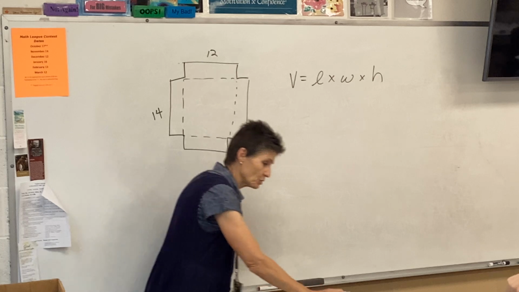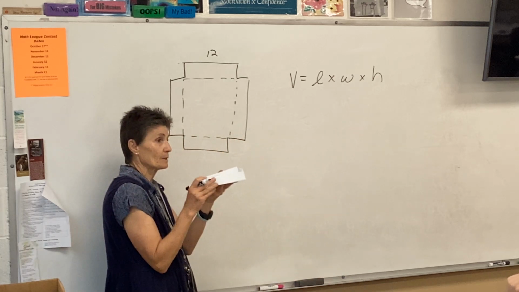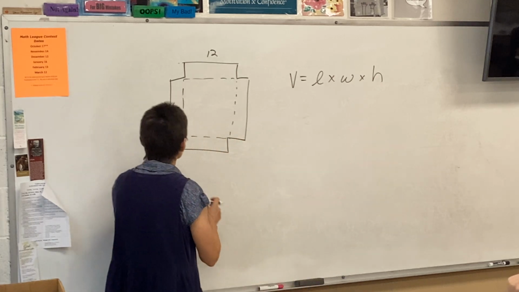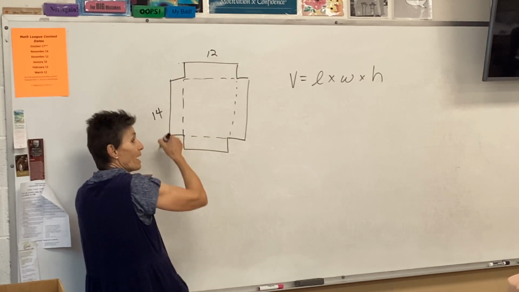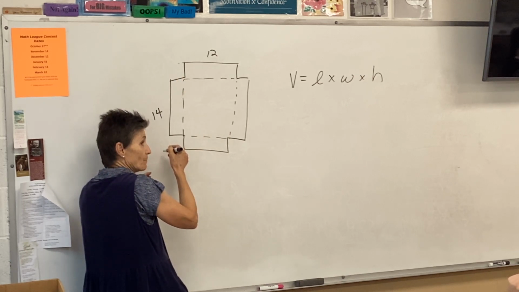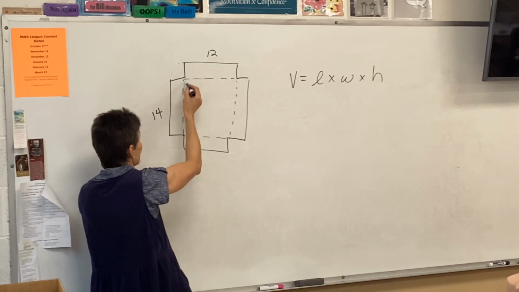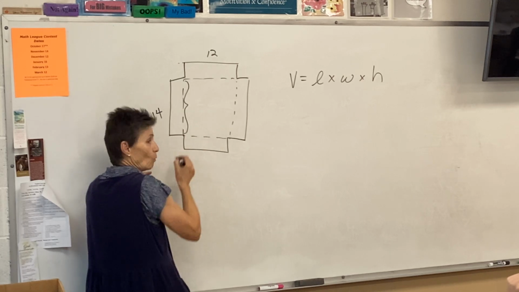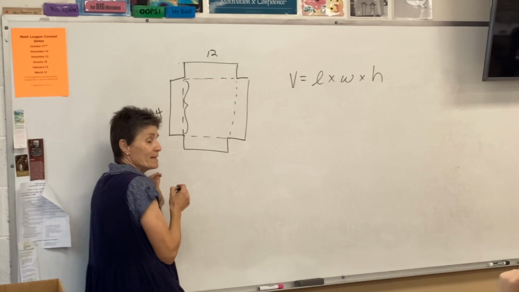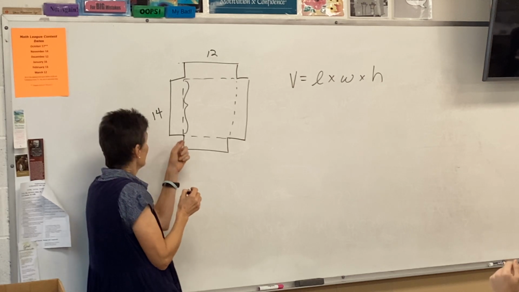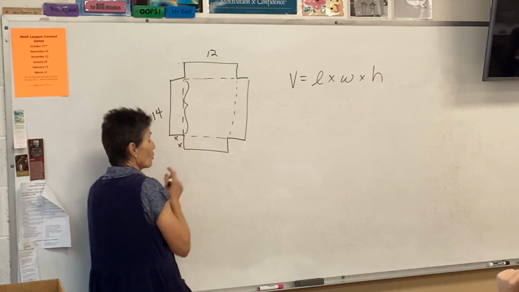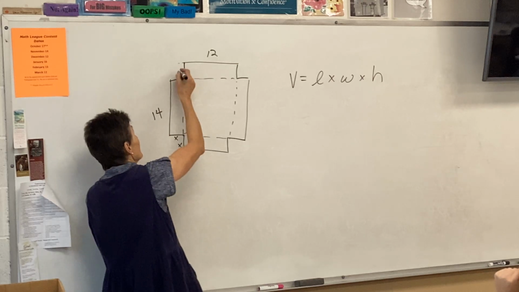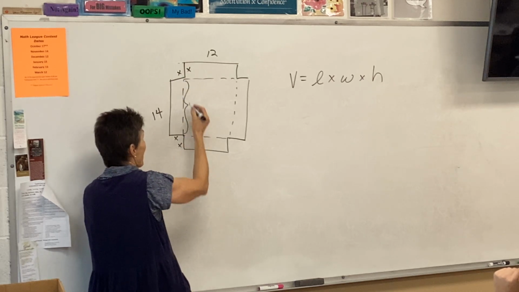So I want you to look at your box for a second and imagine that this was the side of your paper that started out being 14. Is this now still 14? No, because you took off that net, right? We don't know how big those are, let's call them X. So how long is that box now?